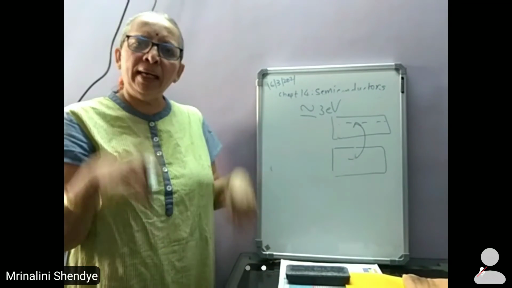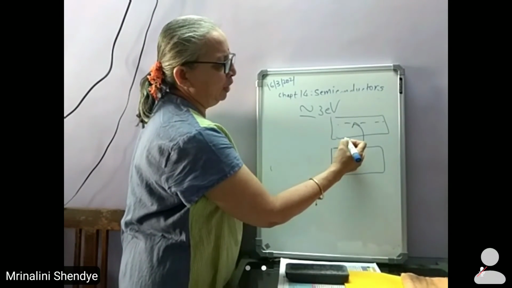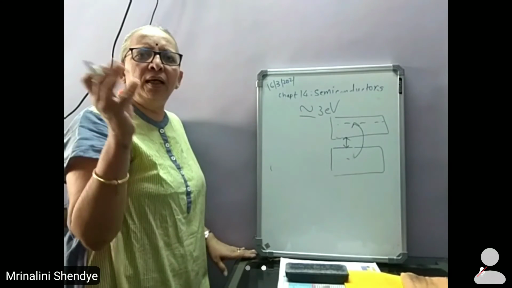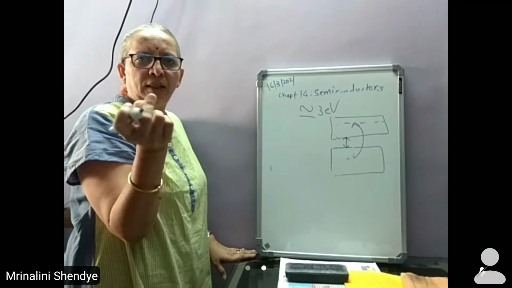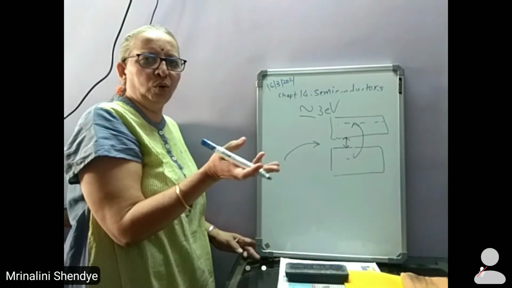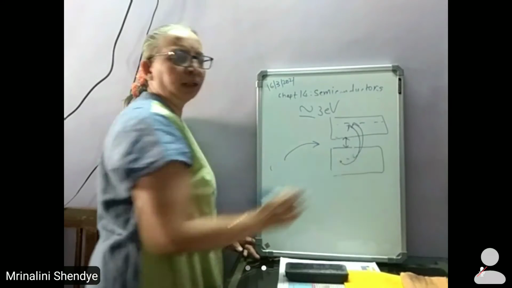In case of insulators, this energy band gap is very large, and even with the absorption of thermal energy or energy supplied by some electric source, these electrons cannot jump into the conduction band.